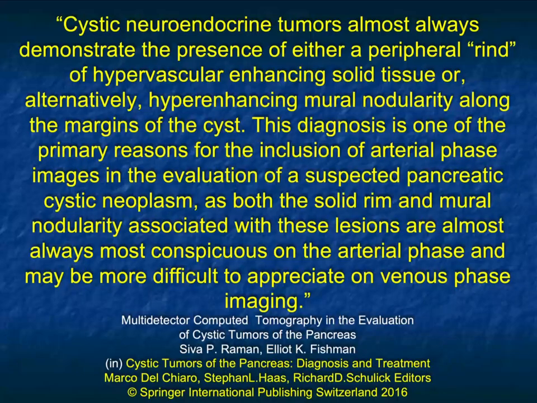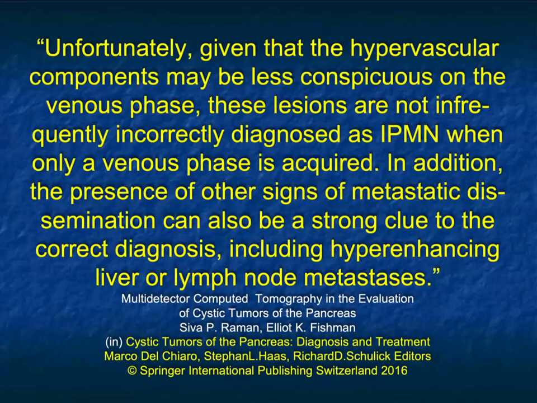The diagnosis is one of the primary reasons for the inclusion of arterial phase imaging in the evaluation of suspected pancreatic cystic lesions. And that's a good point to make, because remember, before we mentioned how venous phase imaging may be more valuable. One finding where arterial phase also works well in cystic lesions is the rim of enhancement that happens as vessels are stretched with serous cystadenoma.